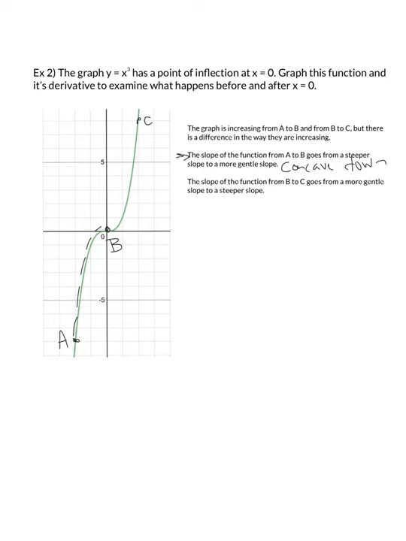The exact opposite thing happens from point B to point C. It's still increasing, it's still positive, all of my slopes are positive, but they start off not so positive, and as I go further, they get more positive. This represents something that is concave up, and this would represent half of a U shape.